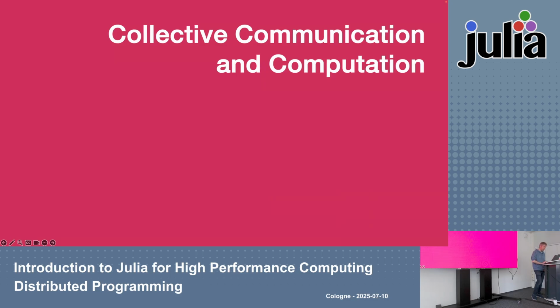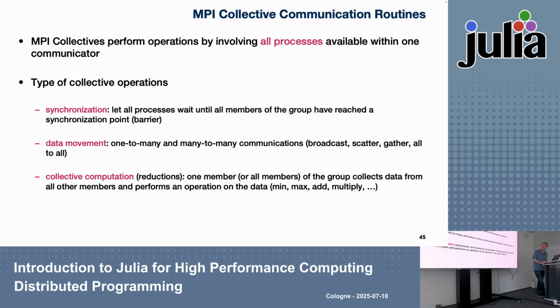Let's take a look at another form of communication that is supported by MPI, which is collective communication. And here the idea is that we have some functions that involve all of the ranks or a subgroup at least.